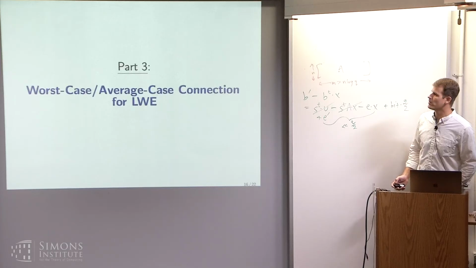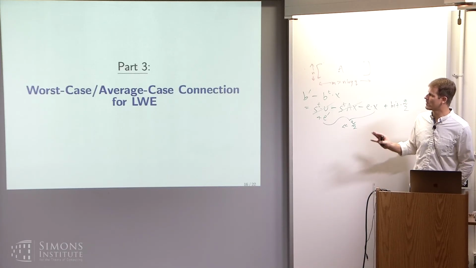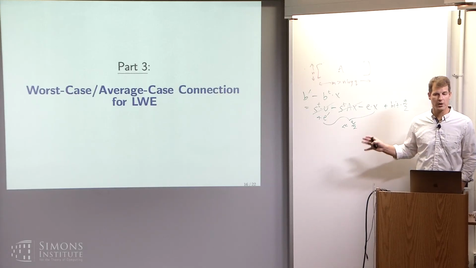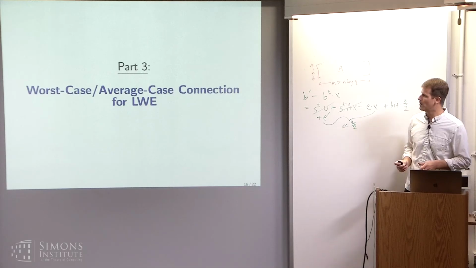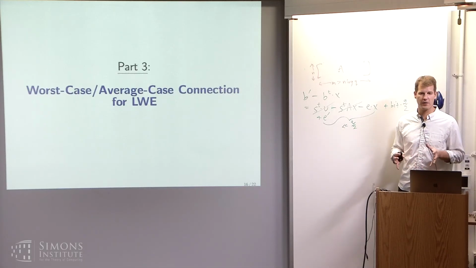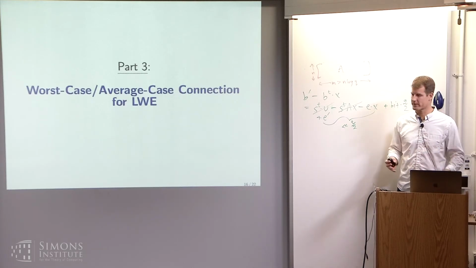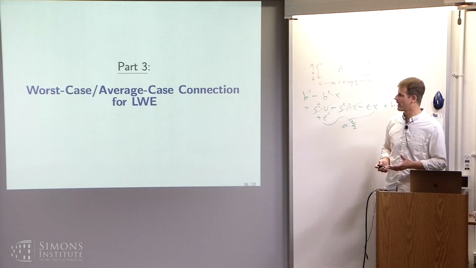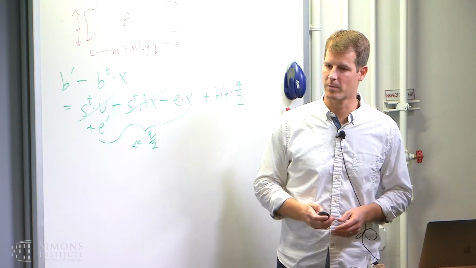For the remainder of the time, I'd like to give an idea of the worst-case to average-case reductions for LWE. These are souped-up versions of what Daniele showed in the talk this morning, with new elements, and accounting for the nature of LWE as a bounded distance decoding problem.